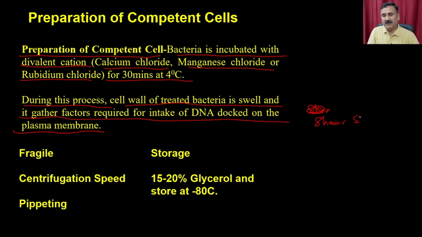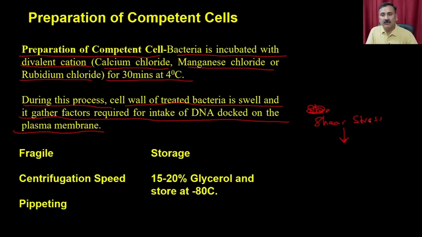Shear stress is like when you are swimming in the water, right? Whatever stress you feel when the water is hitting you is called shear stress. Shear stress means you have two layers rubbing against each other, which is responsible for causing friction. So they are very susceptible to shear stress.